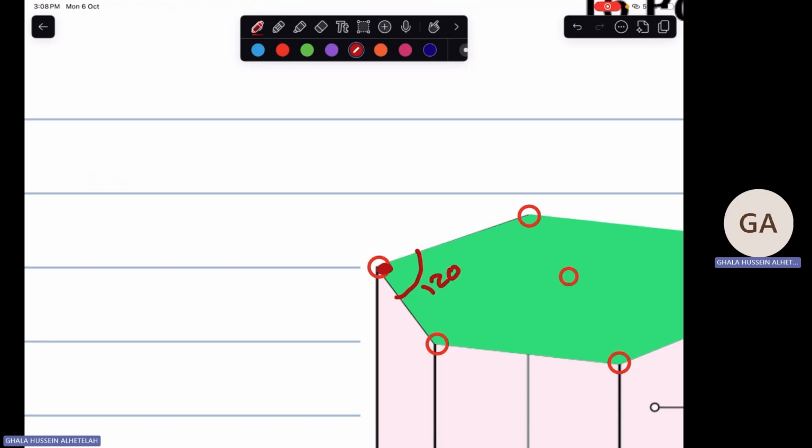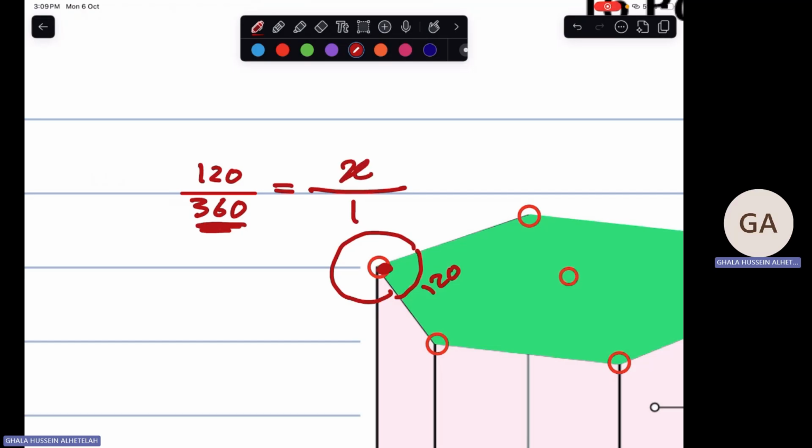How? By doing this relationship. As we know, we have the angle 120. The whole circle is 360, and in the 360 we have one full atom. So how many atoms do we have in the angle 120?